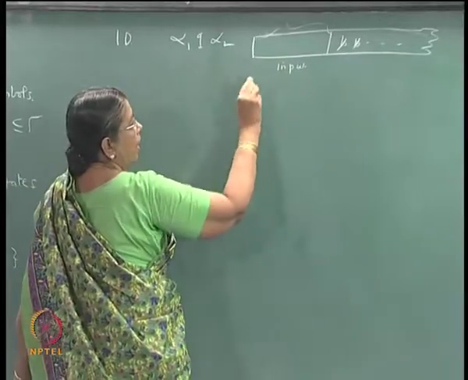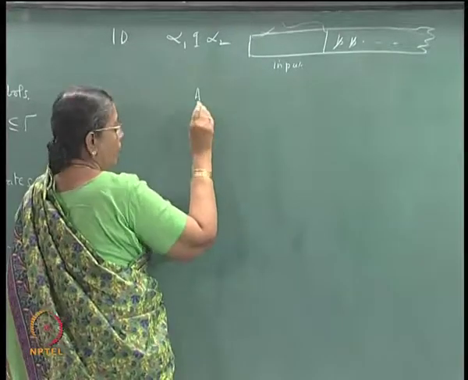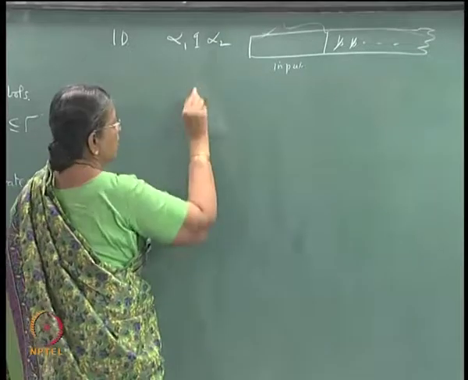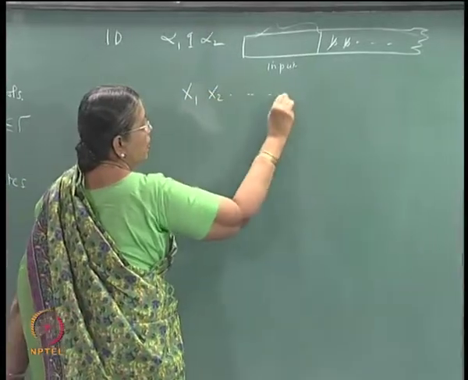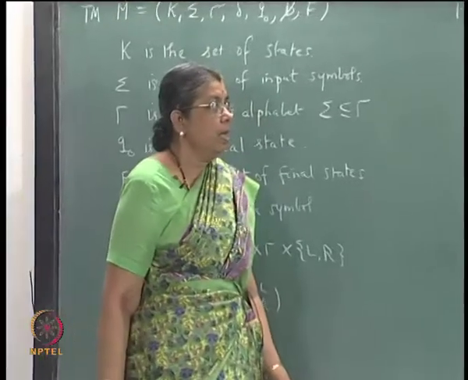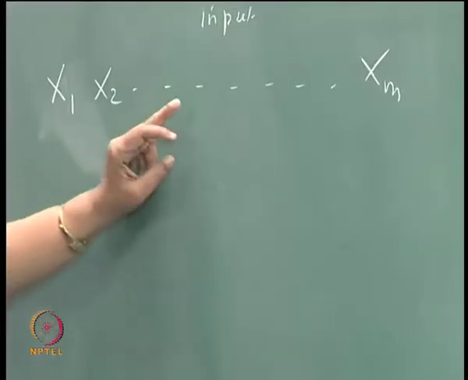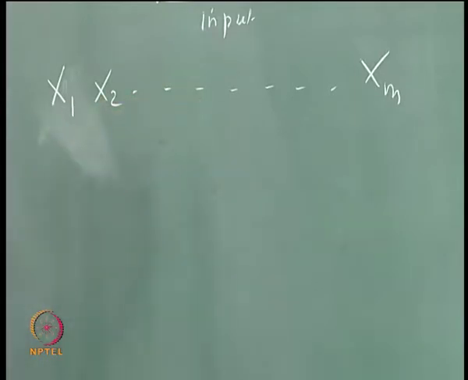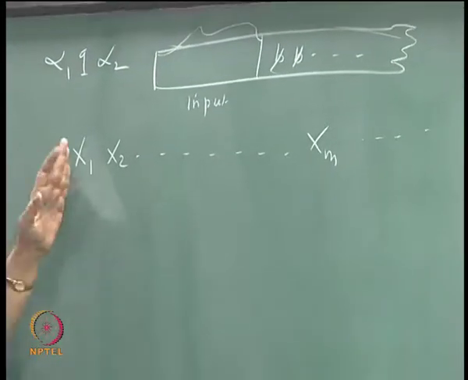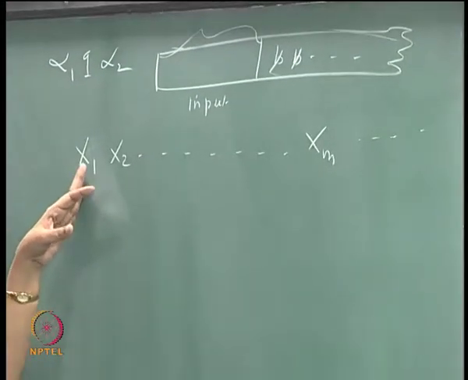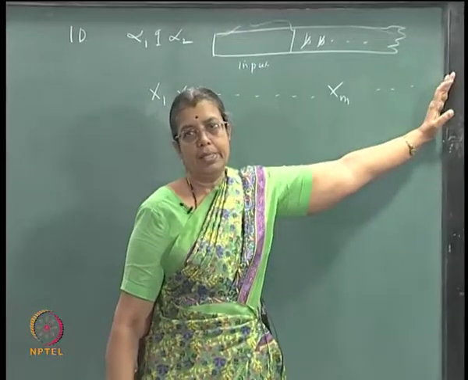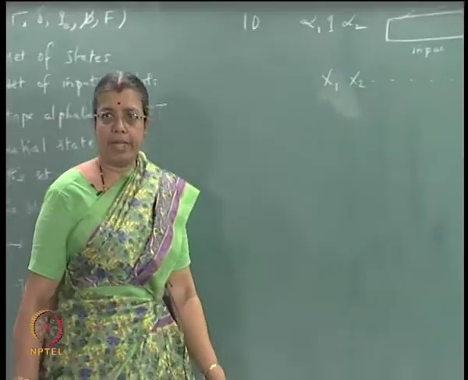Suppose the non-blank portion contains something like x1, x2, up to xm. You must remember that in between it may print a blank also, but whatever follows this is blank on the tape. This is the leftmost symbol, and this is the non-blank portion followed by an infinite number of blanks to the right.